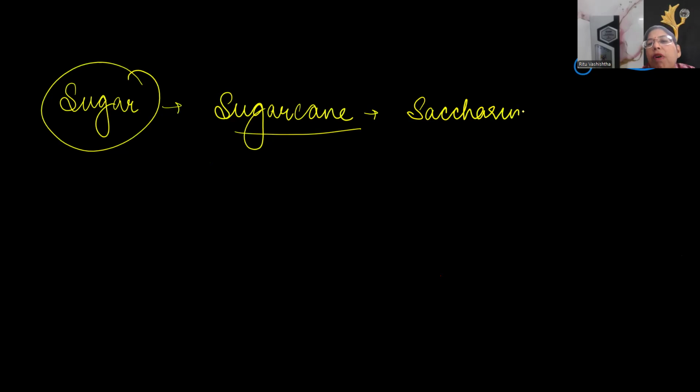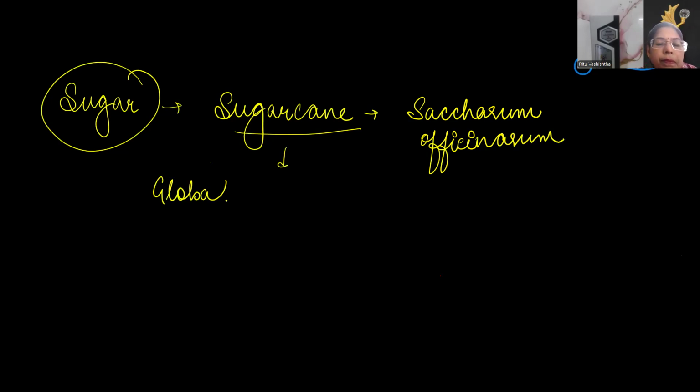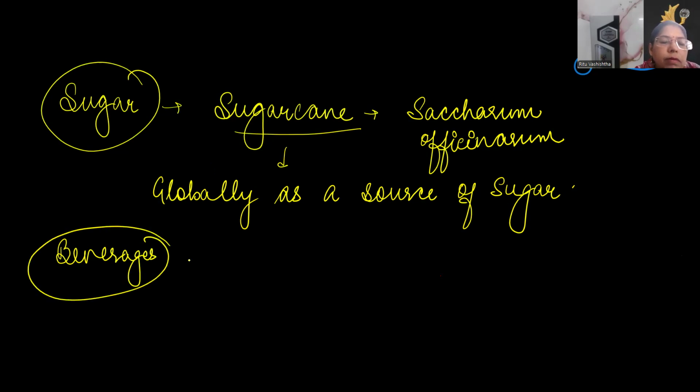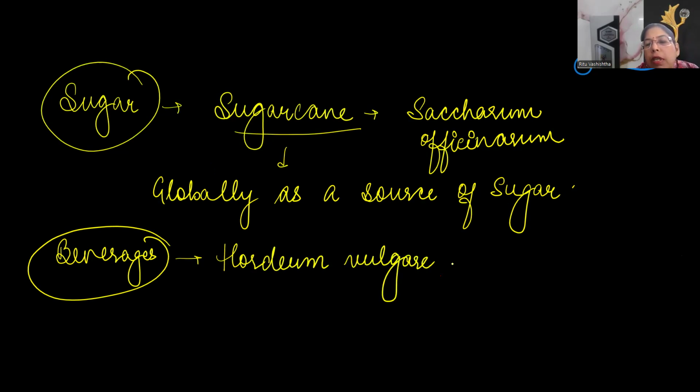So Saccharum officinarum is used globally as a source of sugar. Besides this, there are certain plants which are used in preparing beverages also. Beverages like you will find Hordeum vulgare. It is used in preparing beer.